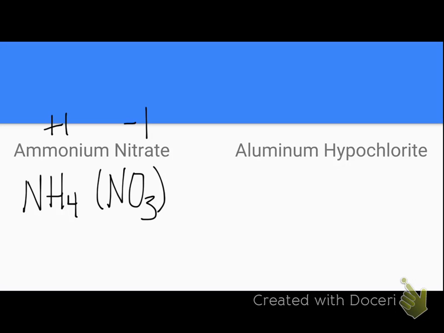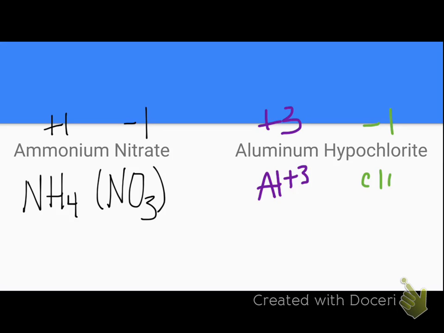All right. Next we have aluminum hypochlorite. Aluminum has a +3 charge. Hypochlorite has a -1 charge. So remember aluminum, so that's Al +3.